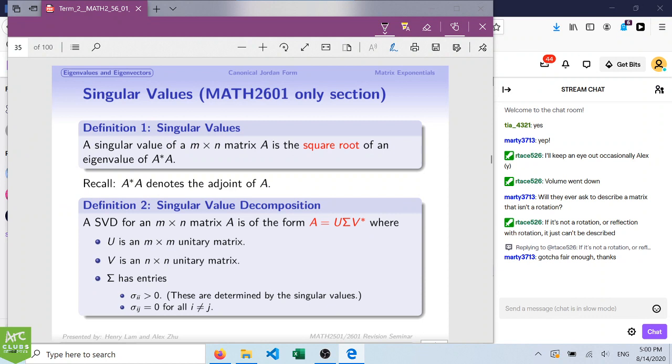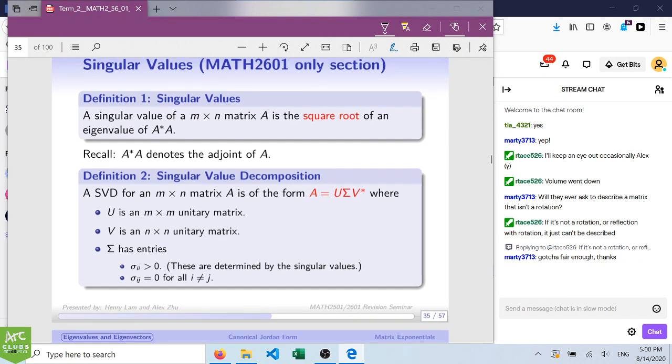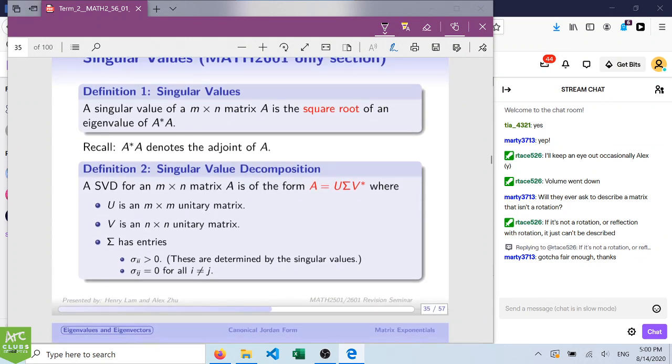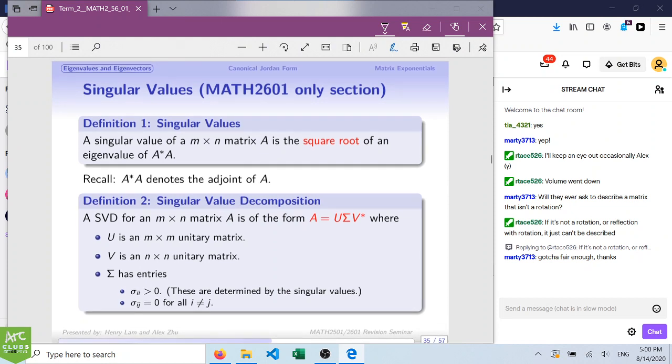All right, next part. Next part we have a singular value decomposition. This is a rather high, kind of like 2601 topic, and it's basically saying that any matrix can be decomposed into a unitary matrix of m by m size, another unitary matrix of n by n size, and a sigma matrix, which is the set of what we call singular values.